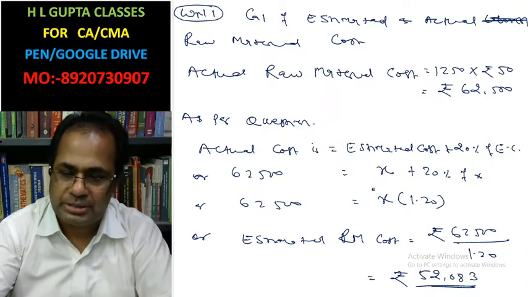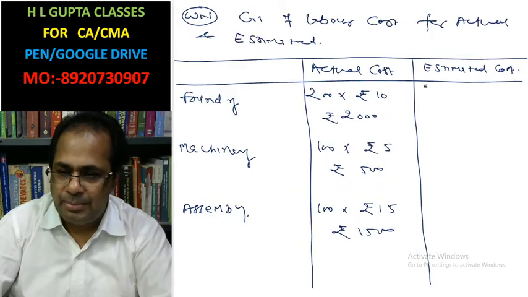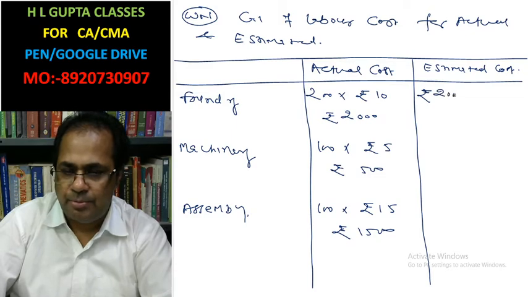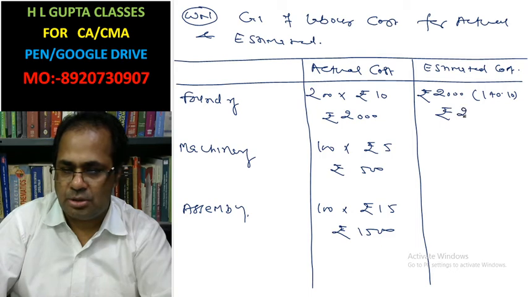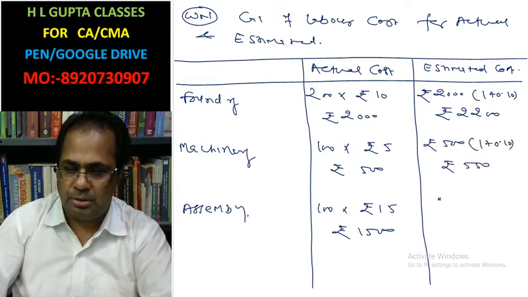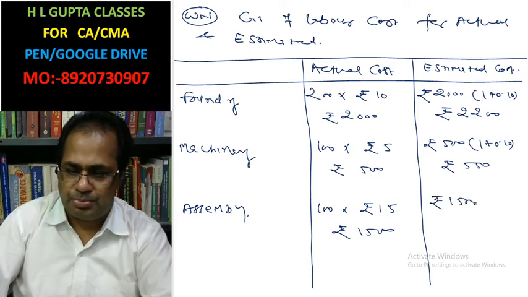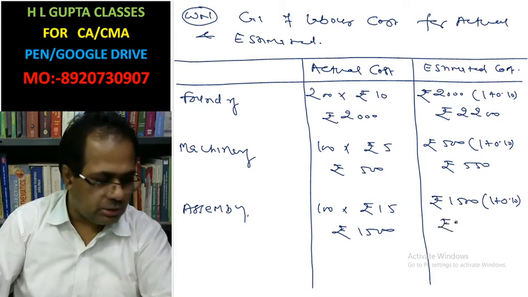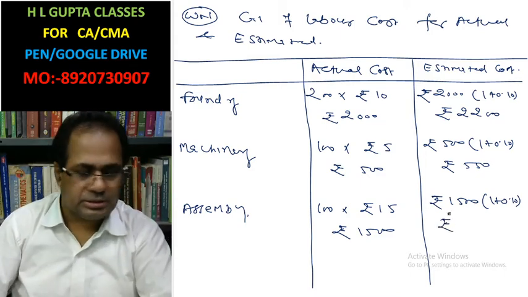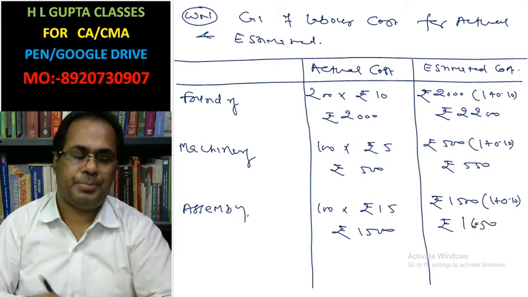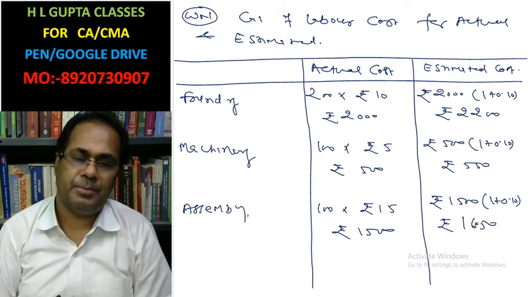So if it is 2,000 here, multiply by 1.10, this is 2,200. Rupees 500, 1 plus 0.10, this is rupees 550. If 1,500, 1 plus 0.10, this is rupees 1,650. This is your labor cost.